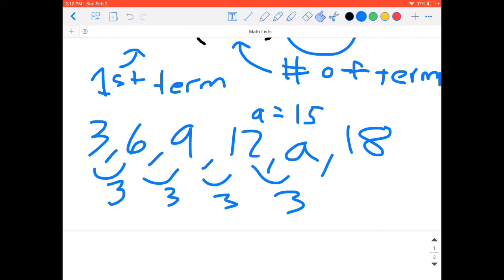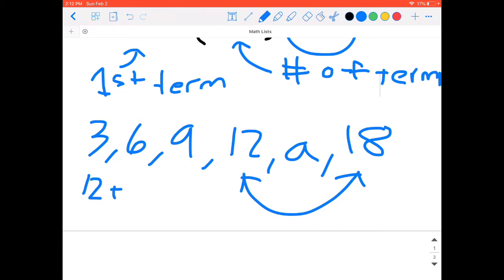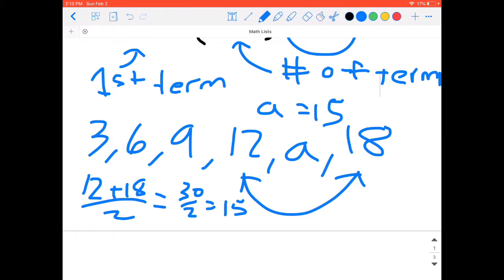But that's our first technique. Our second technique is that a is simply the average of these two numbers. So 12 plus 18 over 2 is 30 over 2, which is 15. So we get that a is 15.